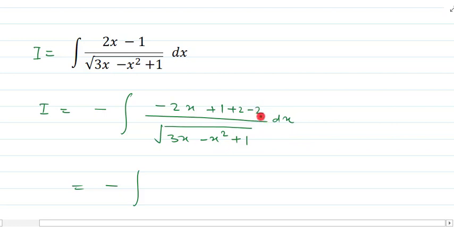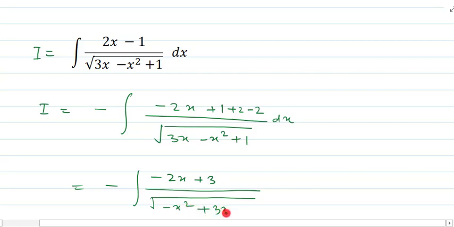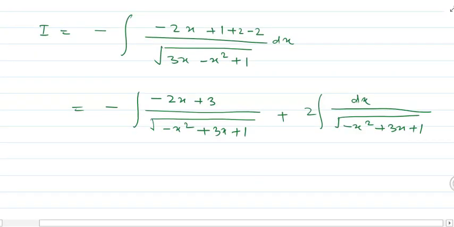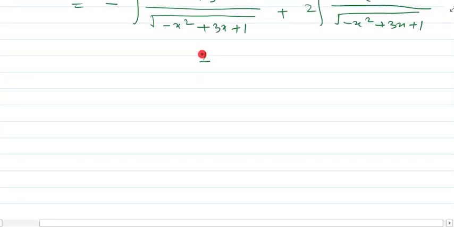So after segregating, we are having minus 2x plus 3 upon square root of, let me rearrange this, minus x square plus 3x plus 1, and it will be plus 2, taking 2 outside, dx upon square root of minus x square plus 3x plus 1. Okay, let us name these as I1 and I2.